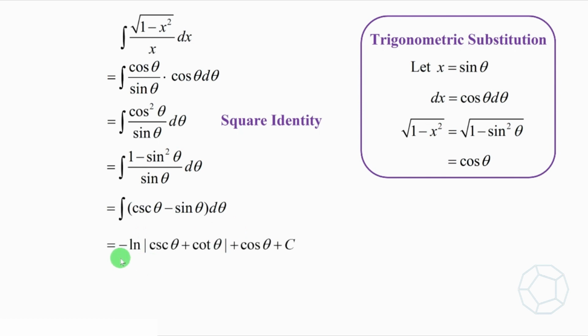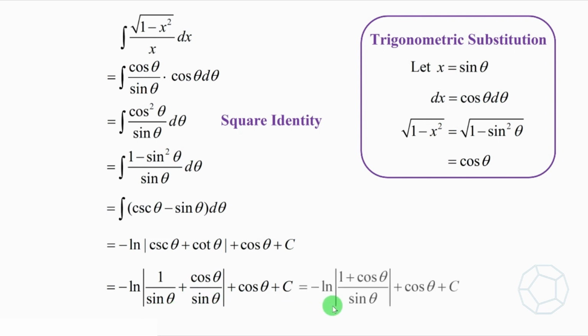It is equal to negative log absolute cosecant theta plus cotangent theta plus cosine theta plus c. Let's simplify it a little bit. We write the terms inside the absolute sign as 1 over sine theta plus cosine theta over sine theta. Then combine the two fractions like this.